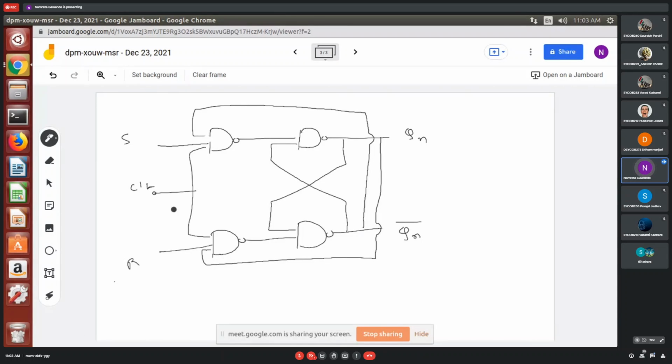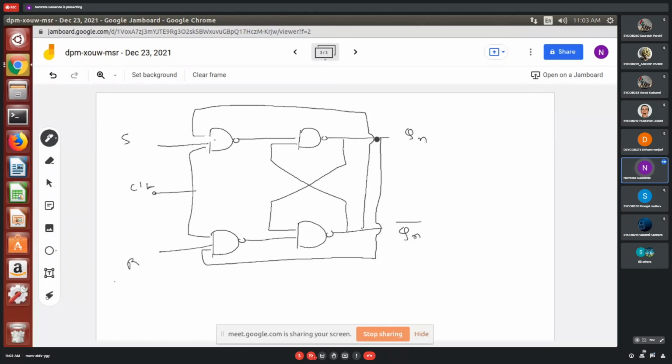So we have modified the SR flip-flop circuit. We require here one more input to the first NAND gate, and that input is coming from the Q n bar. This is nothing but the output that is connected as the input to this first NAND gate.